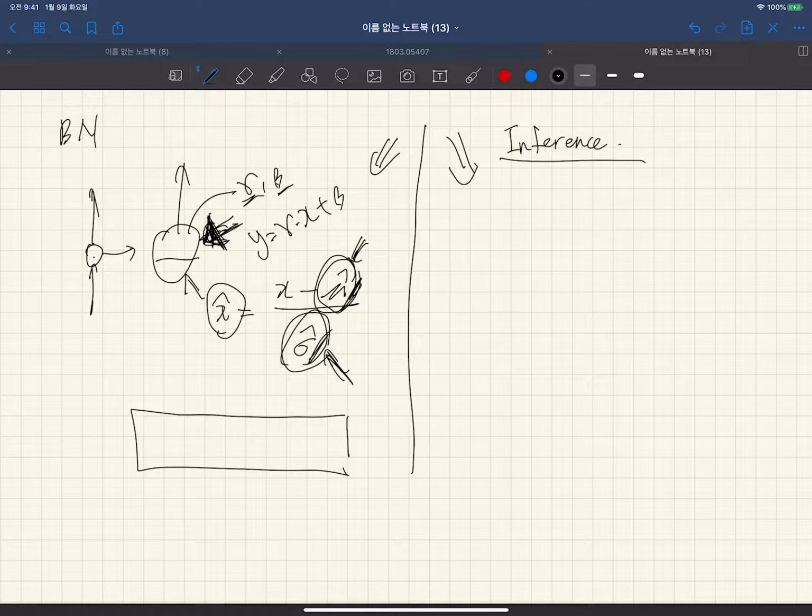From the variety of data you can reduce the error in estimating mu hat and sigma hat. For inference, noise in estimating mu hat and sigma hat is not good news at all. So for inference, you take some average and then improve performance. Okay, you take average mu hat and sigma hat.